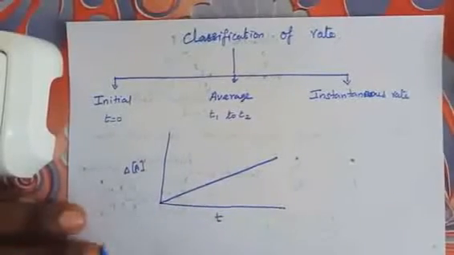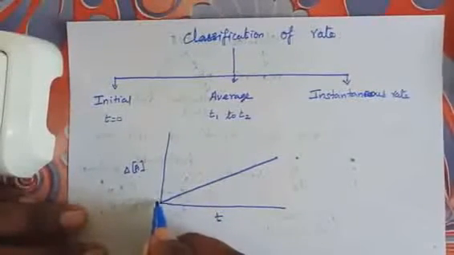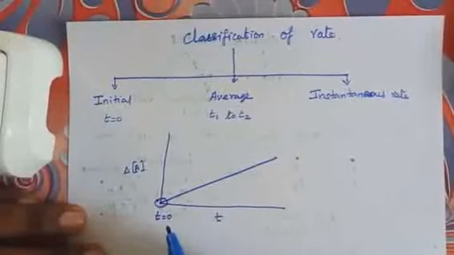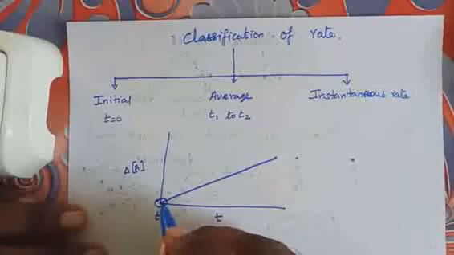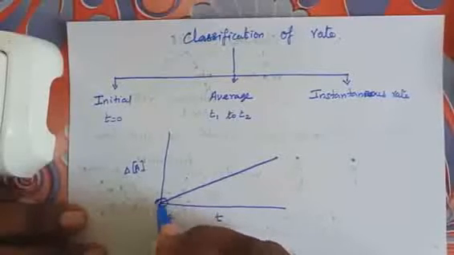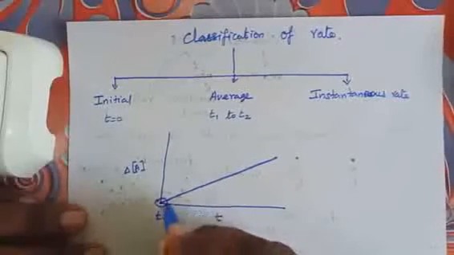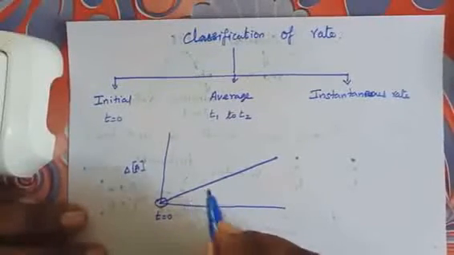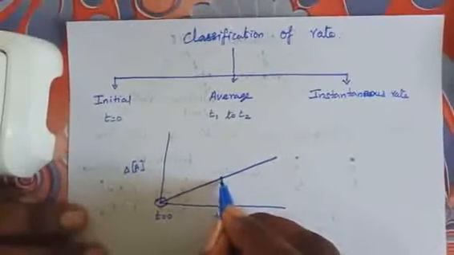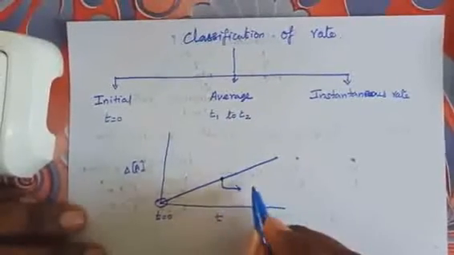A rate measured at the initial point, that means time t equal to 0, is called initial rate, and the rate measured in between two time differences, that means 0 to 1, 0 to 2, 0 to 3, 0 to 5, anything else, is called average rate. Rate measured at a point of any time instant is called instantaneous rate.